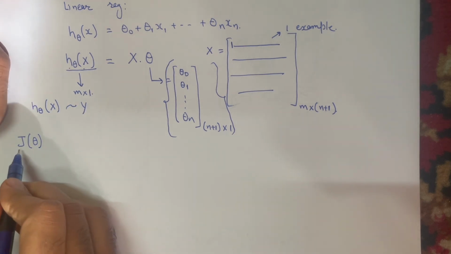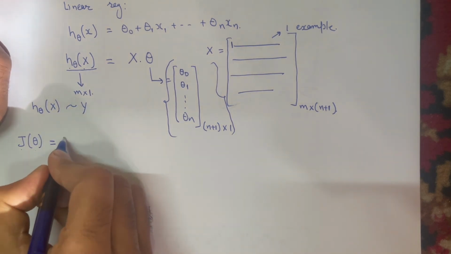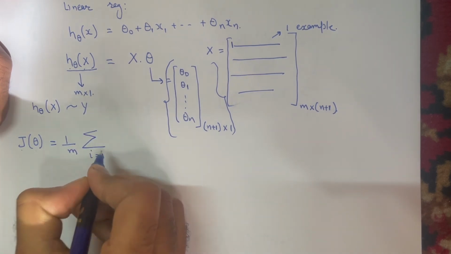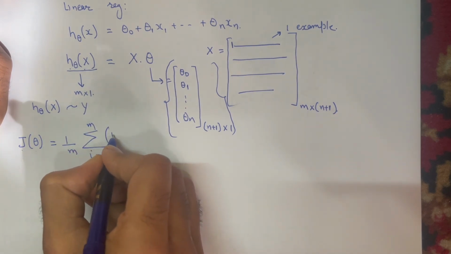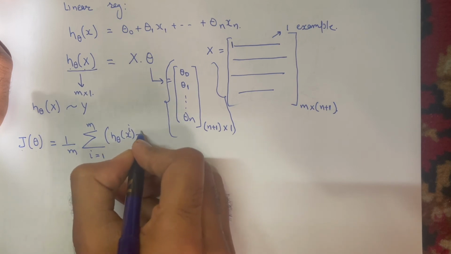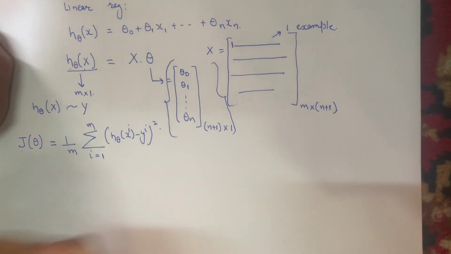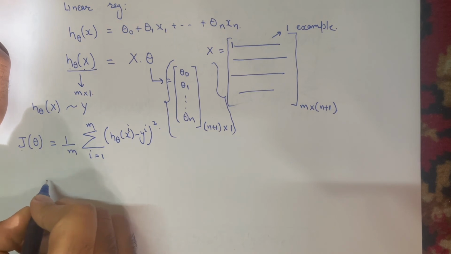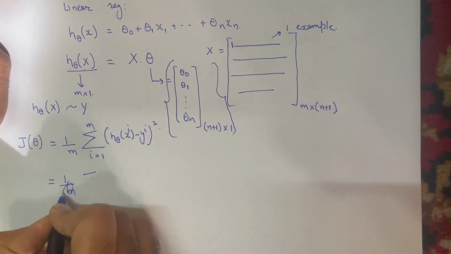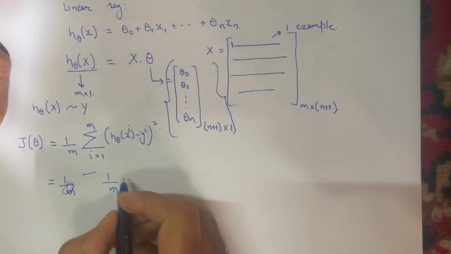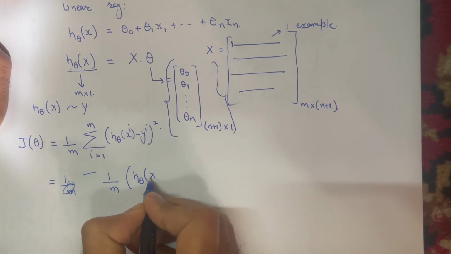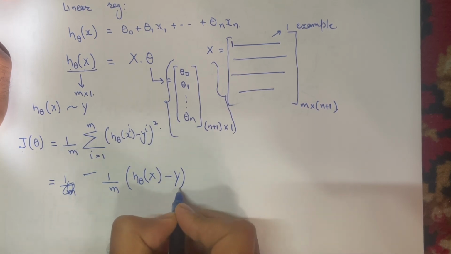So that is done by minimizing j of theta equal to 1 by m summation i running from 1 to m h of theta x i minus yi square. Or in matrix format, we will write it as 1 by m h of theta x minus y whole square.